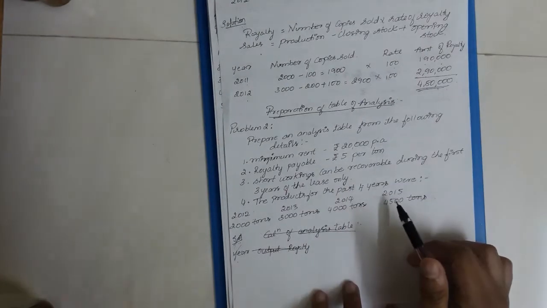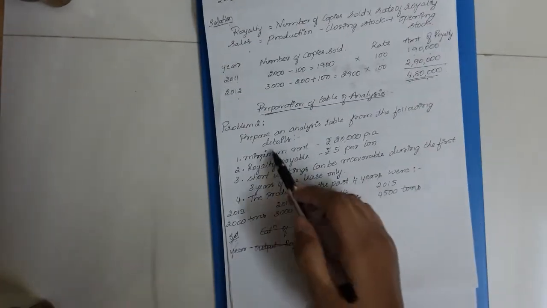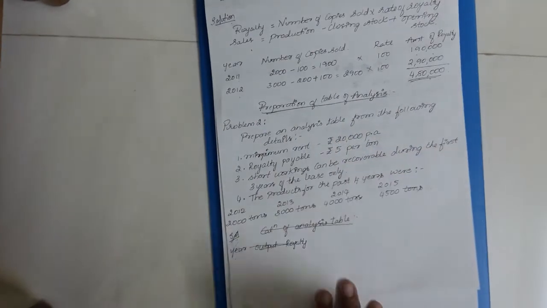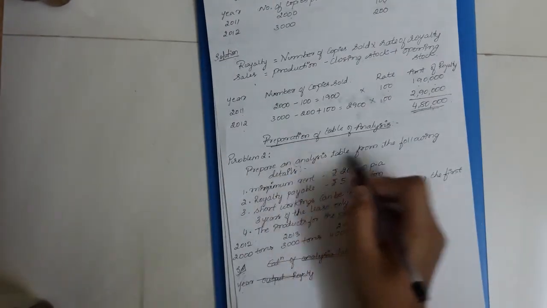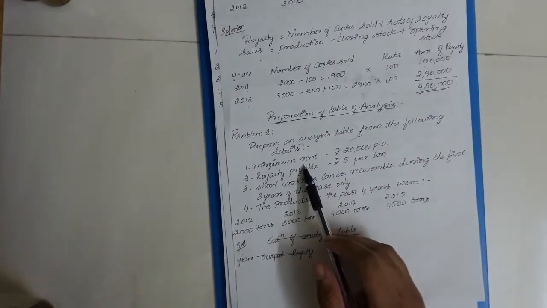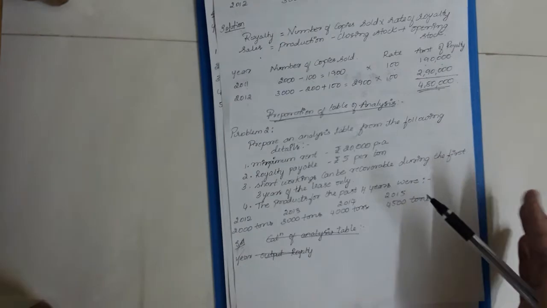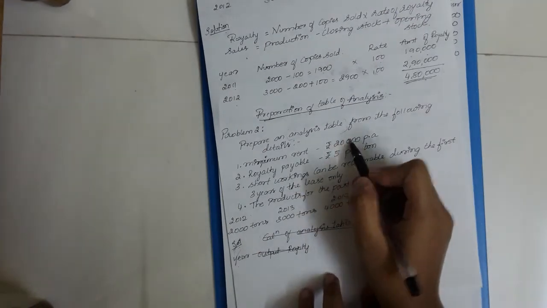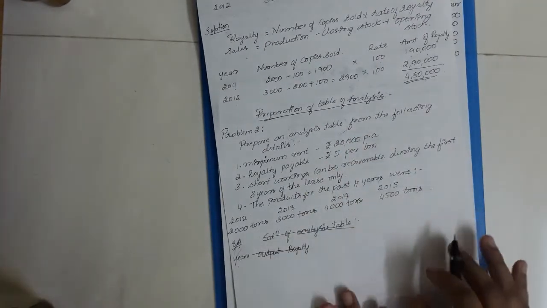Here is question number 2. It states: prepare an analysis table from the following details. For this, they have not given who is the lessor and who is the lessee, but they have given the minimum rent. Whatever the case, even if there is a loss, the minimum rent payable will be 20,000 per annum.